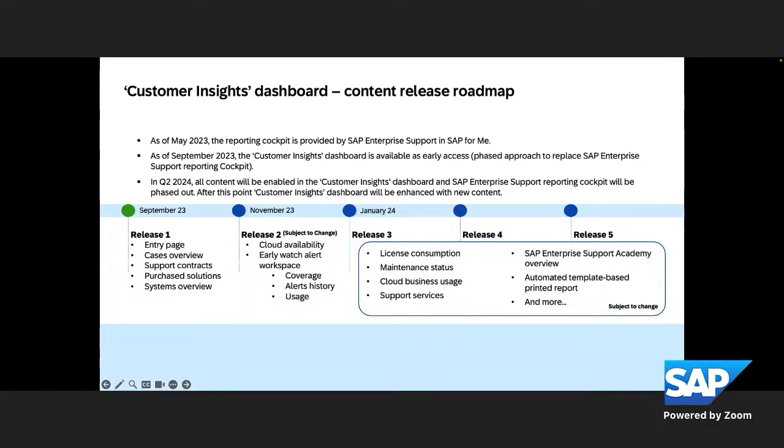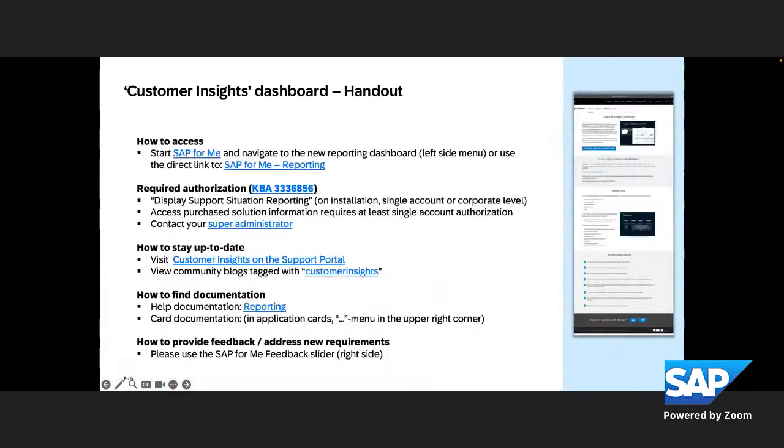We are not quite sure how and in which order we will release, because we are in strong contact with our customers to identify which are the most important parts to be released. So now this here is a handout documentation.